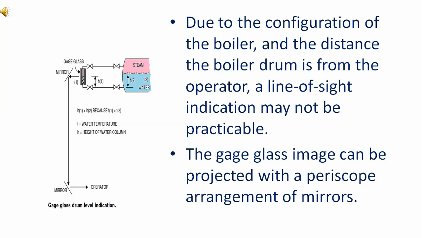Due to the configuration of the boiler and the distance the boiler drum is from the operator, a line of sight indication may not be practicable. The gauge glass image can be projected with a periscope arrangement of mirrors.